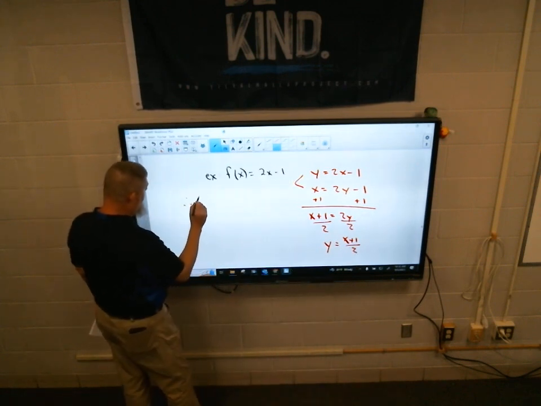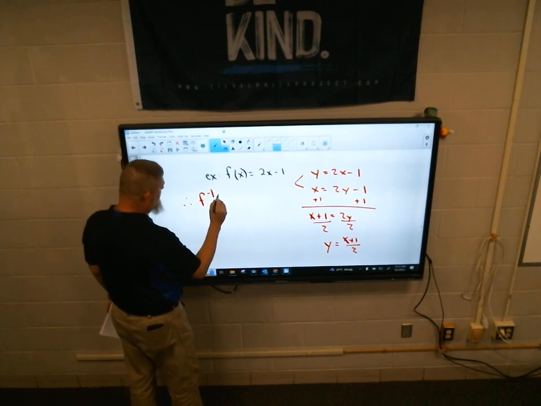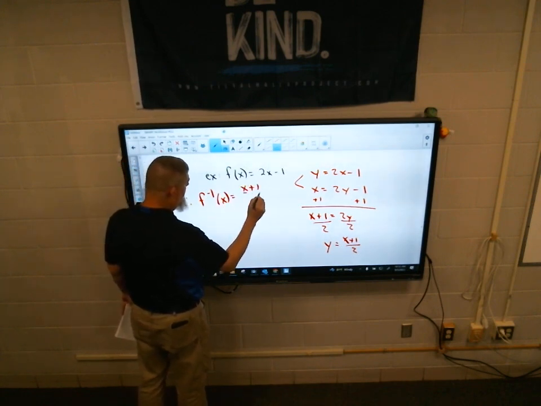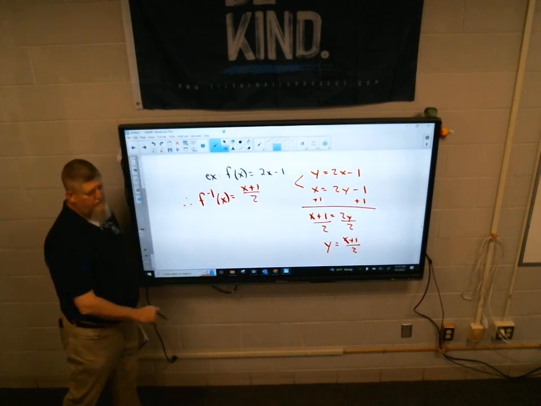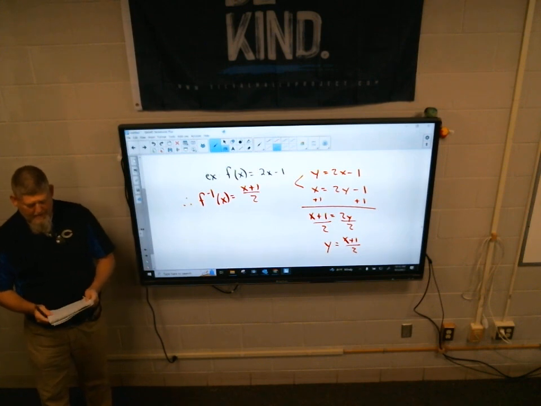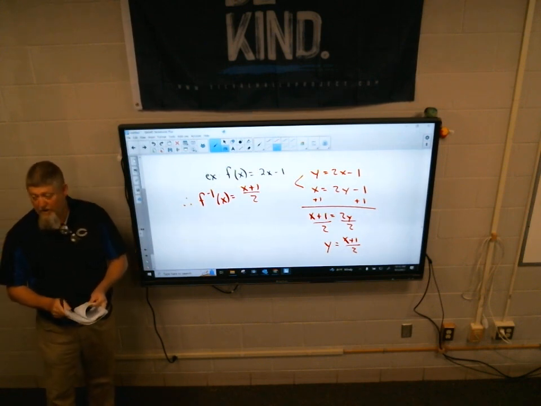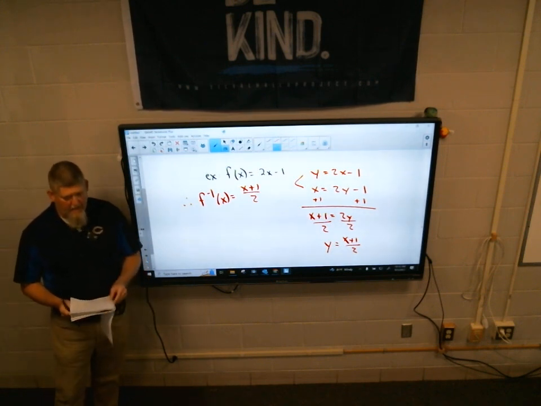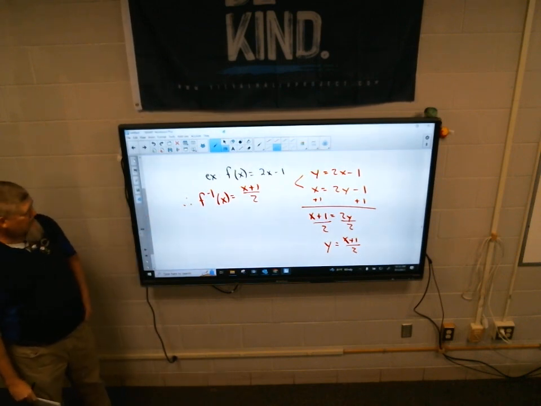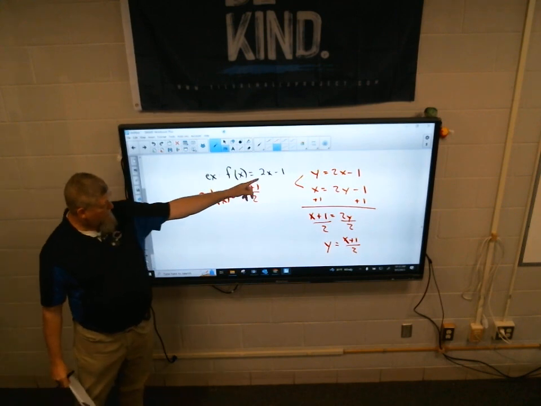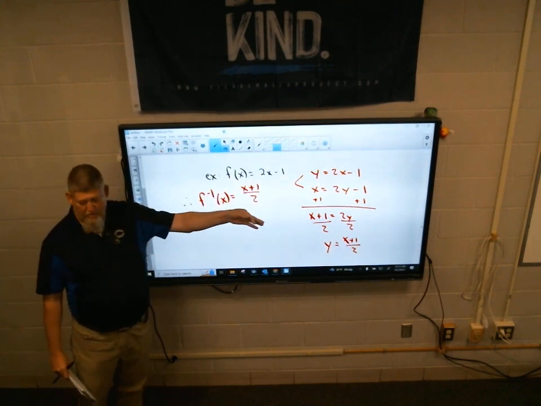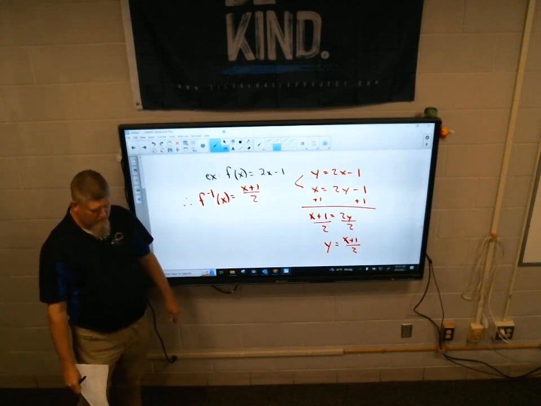Therefore, we can say that the inverse of f of x is x plus 1 divided by 2. And if I were on a test and I had time, I would go ahead and verify that to make sure it works. Plug in something like 3 to make it 5, plug in 5 to make it 3, just to make sure I did the math right.